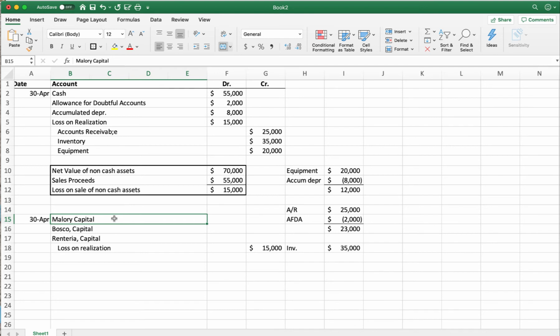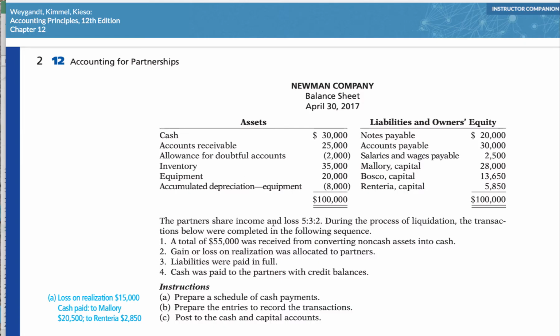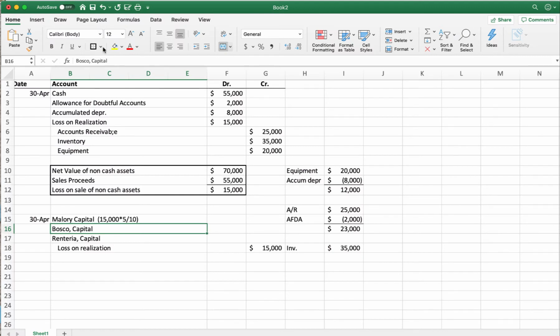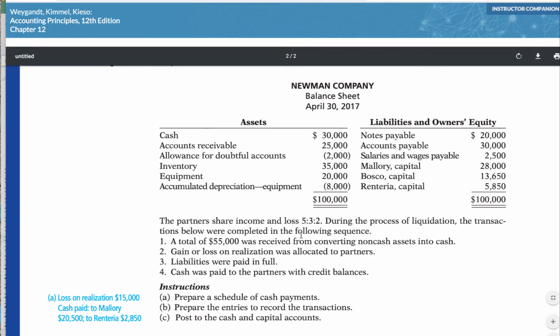So that means that Mallory, her calculation is going to be 15,000 times 5/10. Bosco's calculation, he gets a third. So to calculate Bosco, the calculation is going to be $15,000 of a loss times 3/10. And Renteria, her portion is 2/10, right? 5 to 3 to 2.